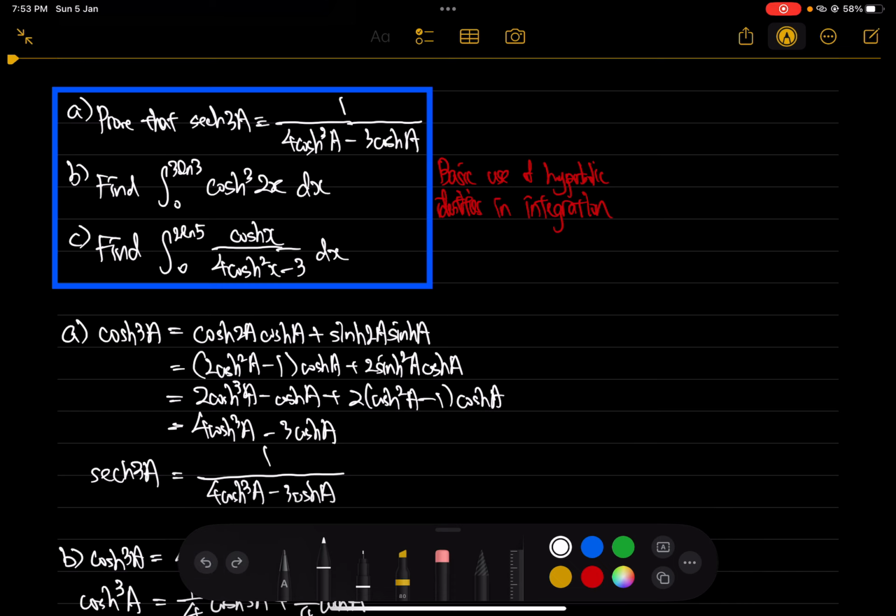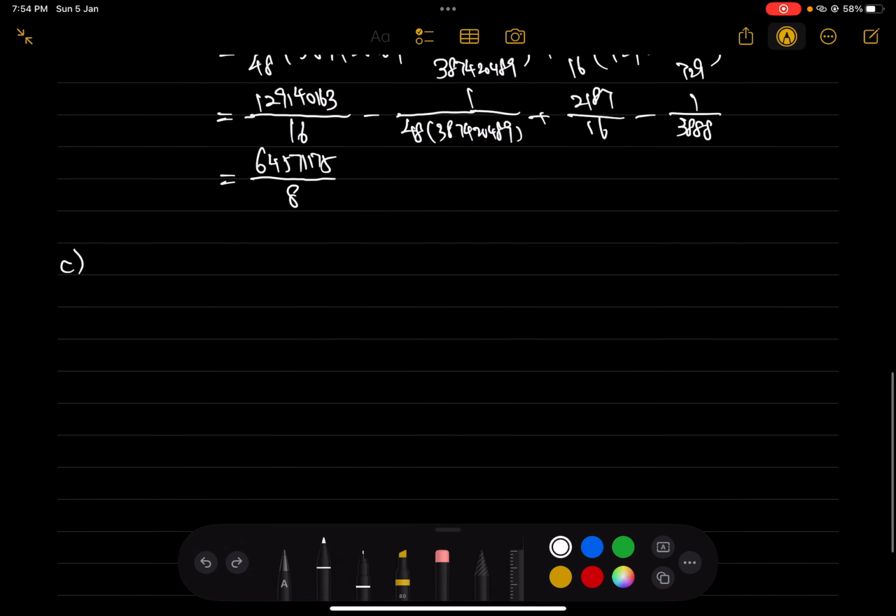So I think we could just do partial fractions for part A. So let's go ahead and do that. Excuse me. Okay, equals plus, oh, that's not 1, that is insane.